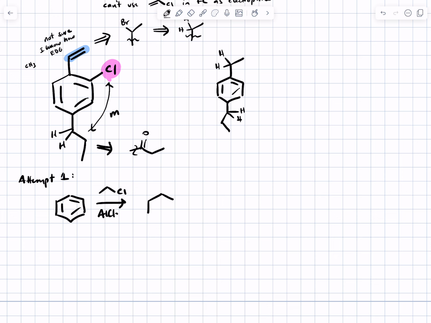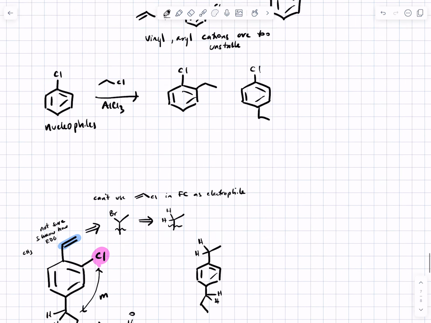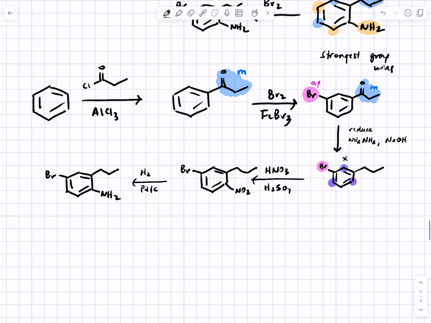We'll do the Friedel-Crafts alkylation first. Then let's follow that up with Friedel-Crafts acylation. Why did I do the alkylation first before the acylation? That was deliberate. Go back up to our practical issues.